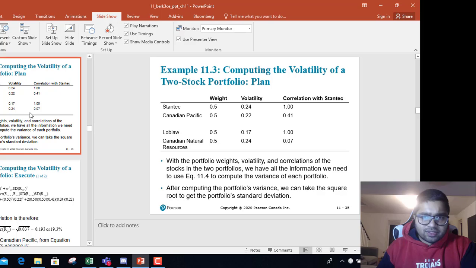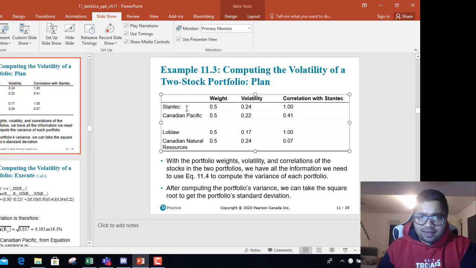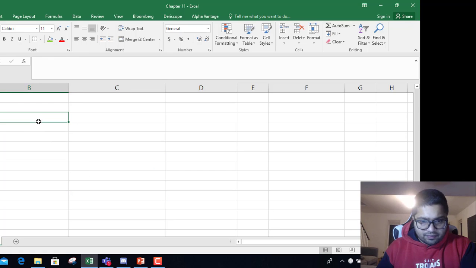So what I'm going to do is copy this table in Excel and then we can solve it.